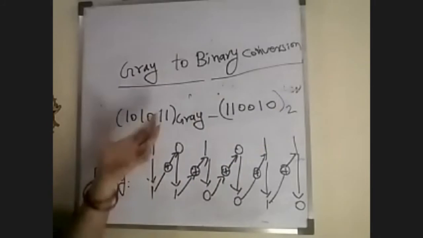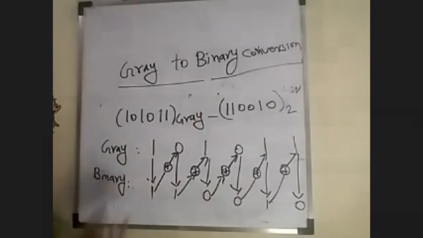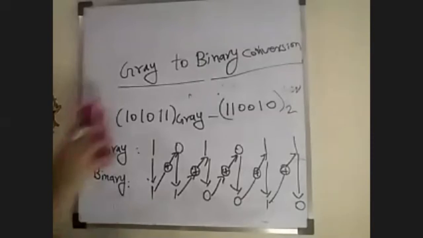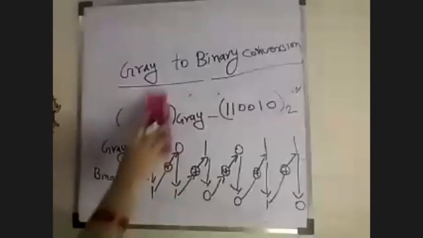Is it clear how to convert gray code to binary? You can do one more example.